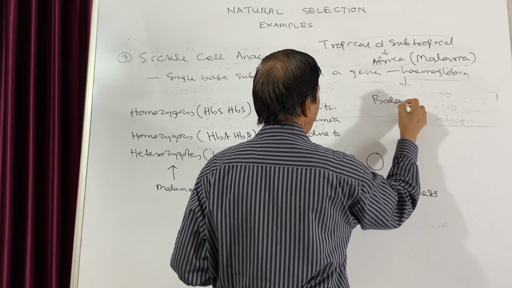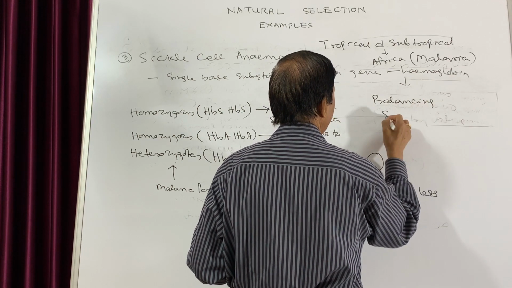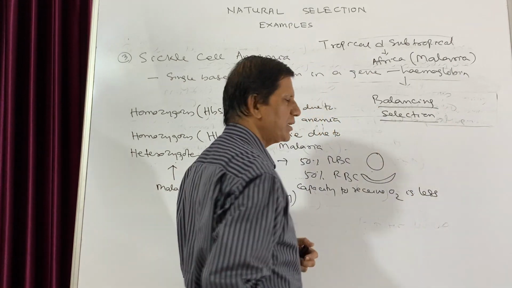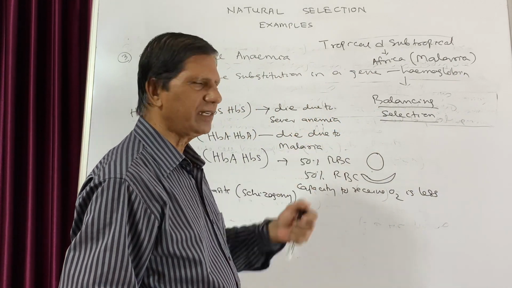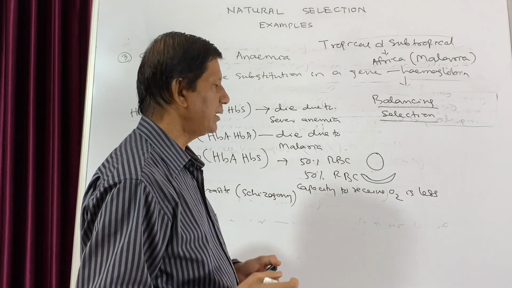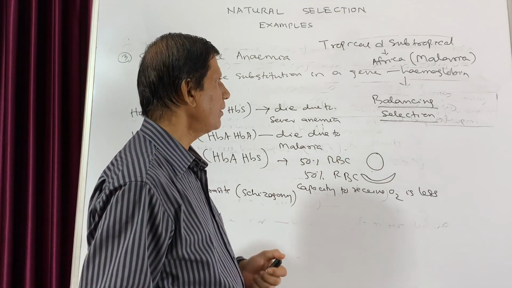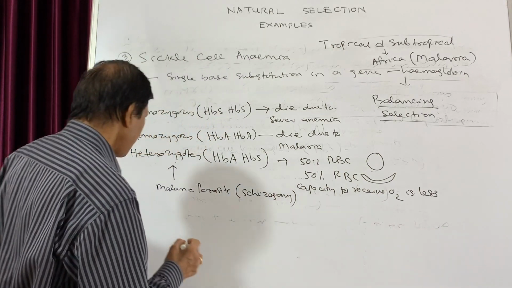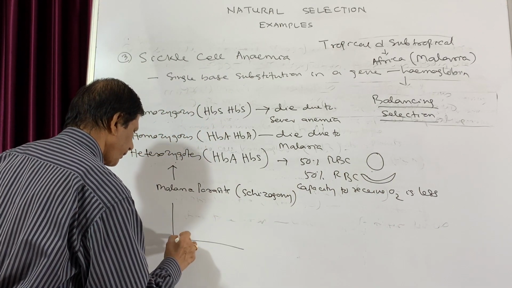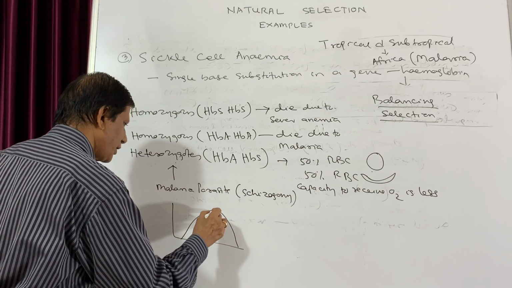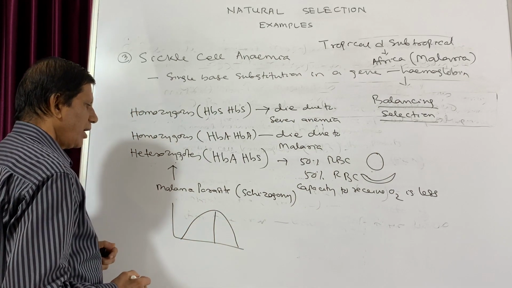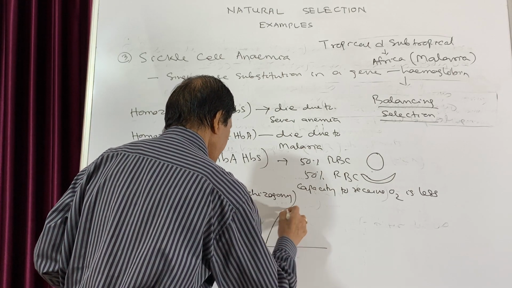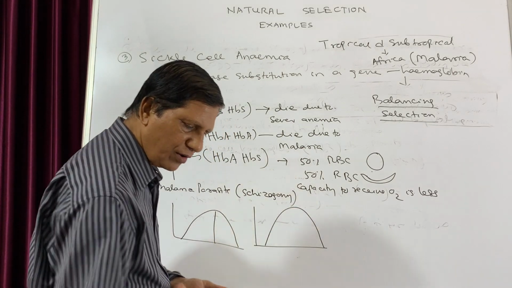This is an example of balancing selection that we have discussed in the different types of selection, along with disruptive and progressive. So this comes under balancing selection. How? Now see, this is the normal population. Now the extremes are not favored.